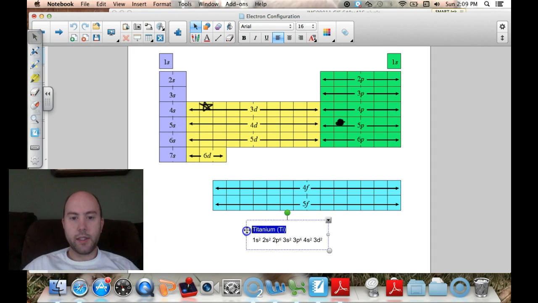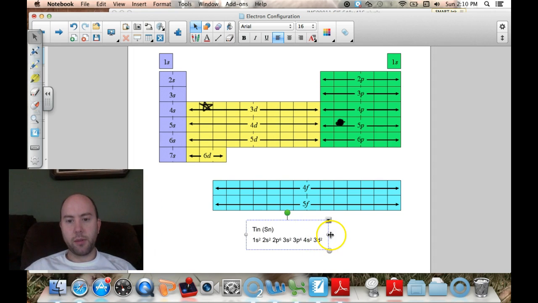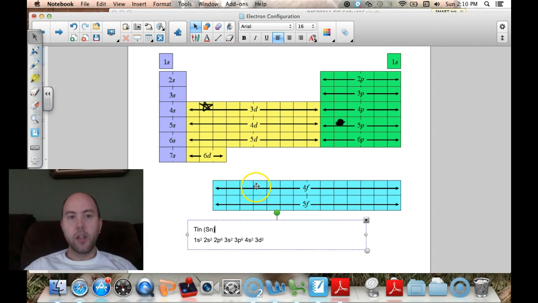So that would be tin, T-I-N, Sn. So tin, it's in the fifth period. So I got to go through all of row 1, which is 1s2. I got to go through all of period 2, which is 2s2, 2p6. I got to go through all of the third period, which is 3s2, 3p6.